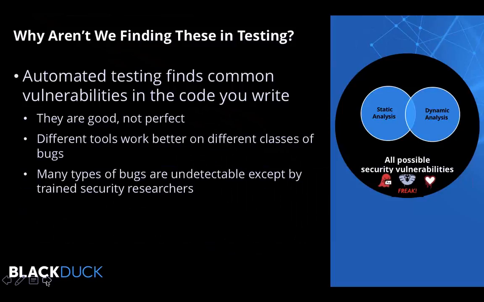And even when you are covering a class with one of these tools, it's not necessarily a given that you're going to find these. So things like SQL injection, buffer overflow, cross-site scripting would fall into that overlapping part of the Venn diagram where theoretically you could find them with either tool. But then, along comes Heartbleed. In the code base for 2.5 years, tested thousands and thousands of times by all of these engines.